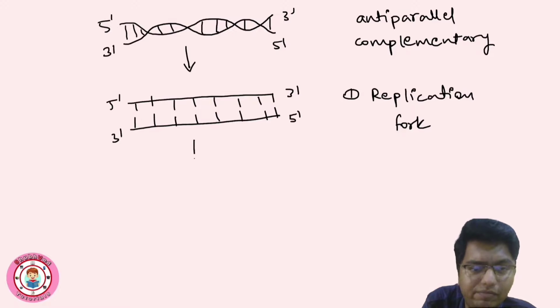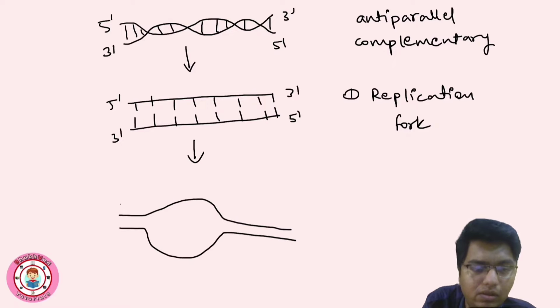So after that, what happens? A replication fork is a structure in which this becomes a bubble-like structure. It means here replication has started to occur, right? Again, 5' to 3' and 3' to 5'.